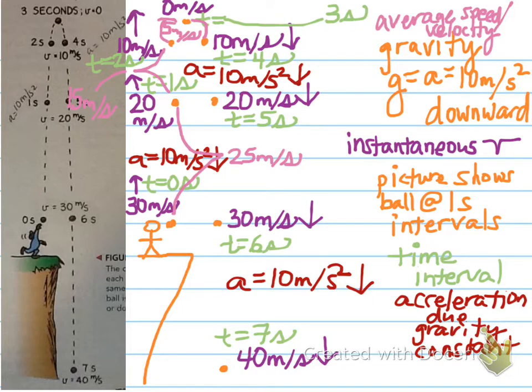In this interval here, it's still going to be 15 meters per second. Here, it's going to be 25 meters per second. And from here to here, it's going to be 30 plus 40, which is 70, divided by 2. It's 35 meters per second. So that's where all of this comes from.